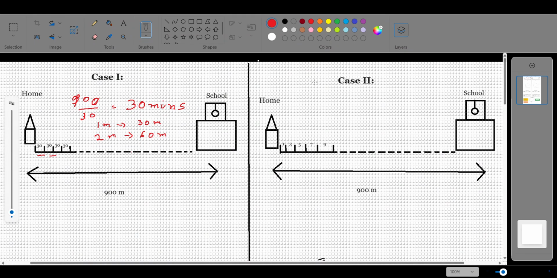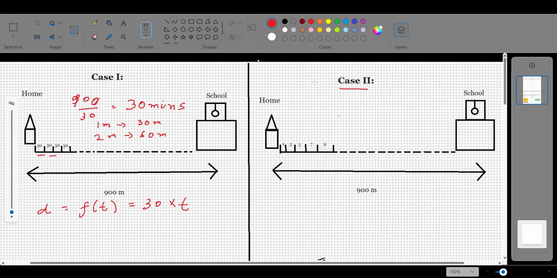And so on. So we could say that the distance covered by the student is a function of the time taken. It's a function of t, which we're going to represent time with t, and is equal to 30 times t. Is that right? Yeah? Okay. Now let's go to case 2.